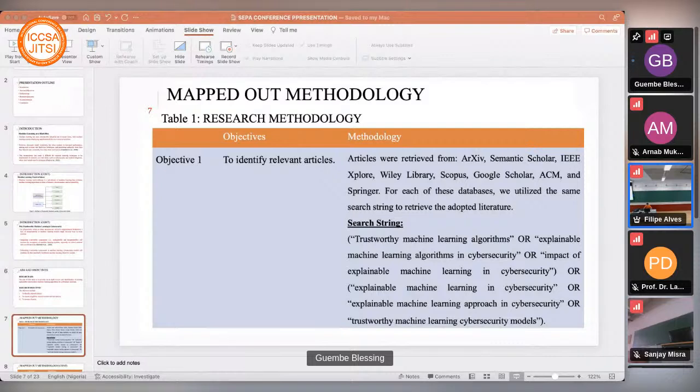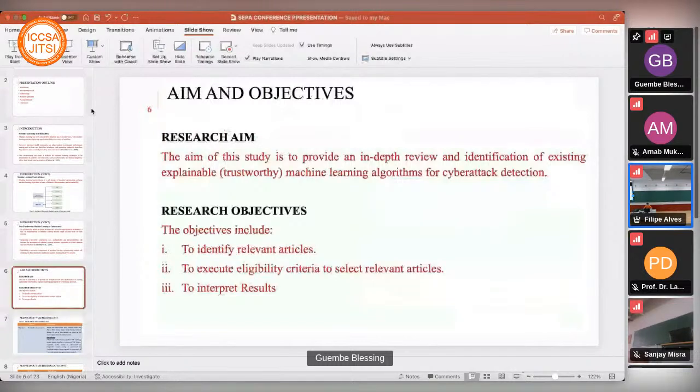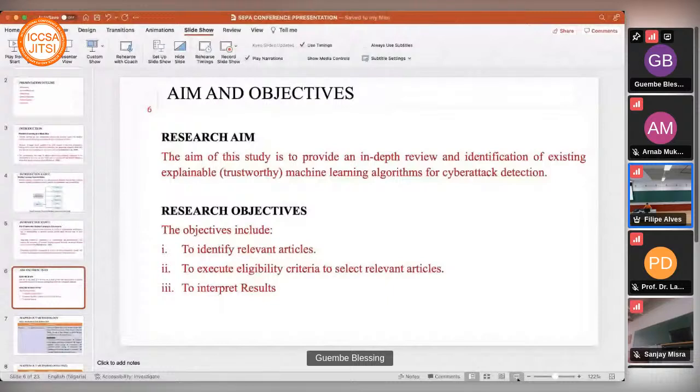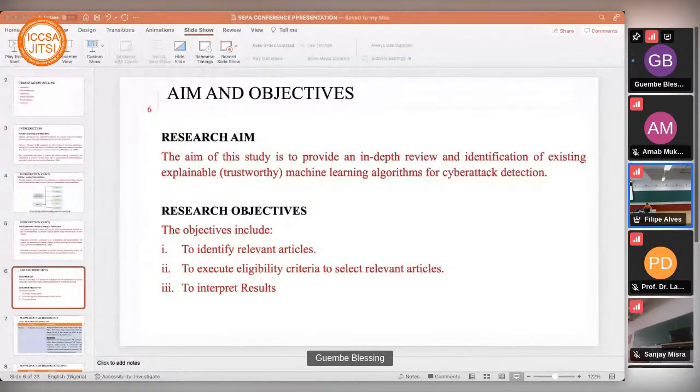Can you see my screen? Yeah, this is the presentation view. Hope it is clear. For now, I don't see the presentation mode. I just see the methodology, table 1. Now I can see that you are at the aim and objectives. But normally when you talk, I just see the same slide always. So when you pass, click on the button. Can you see the presentation mode? Yeah. Now I can see.